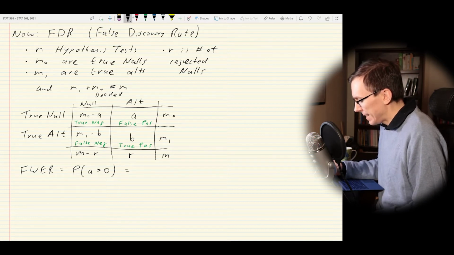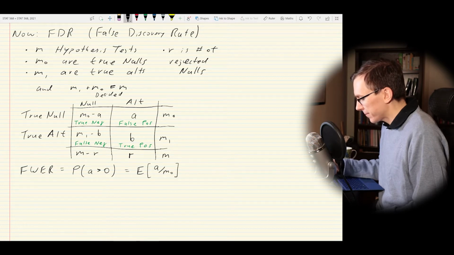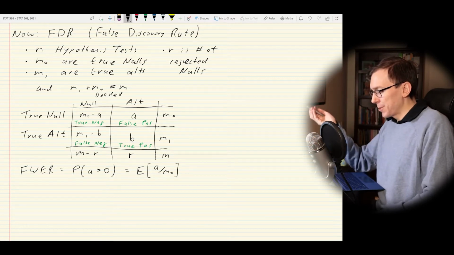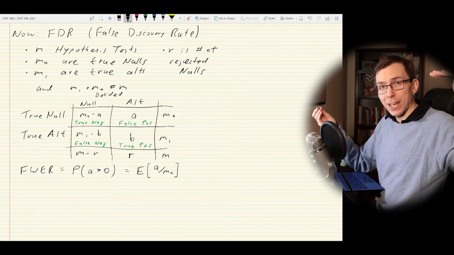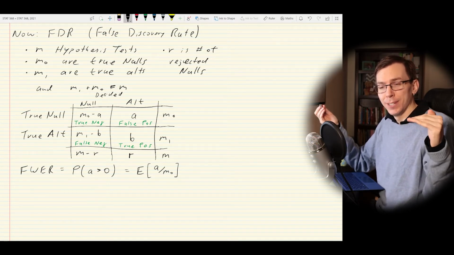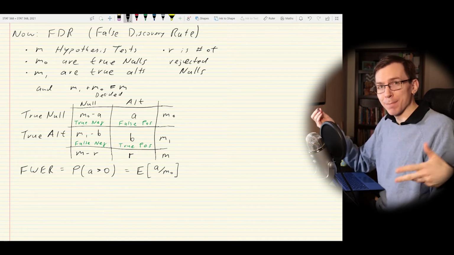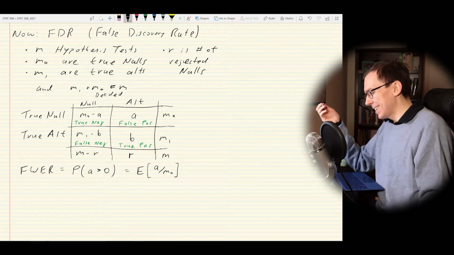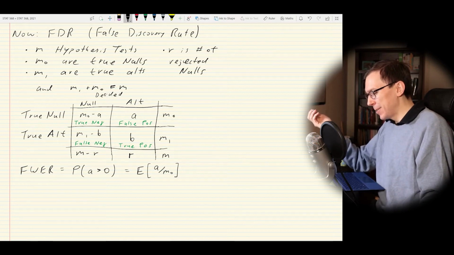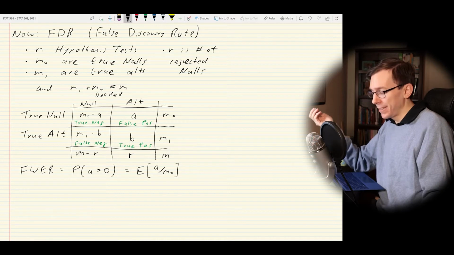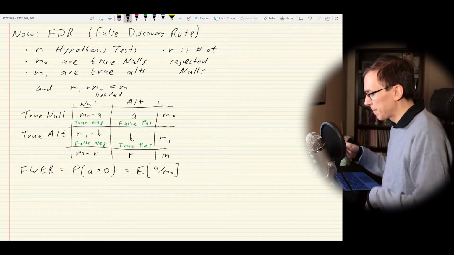Now, as an expectation, we can write this as the expected value of A divided by M naught. So in this case, we're just saying it's the number of false rejections divided by the total number of nulls that we weren't supposed to reject, right? So that's the idea of what the family-wise error rate is. You can think of it as this expectation, or also as a probability statement.